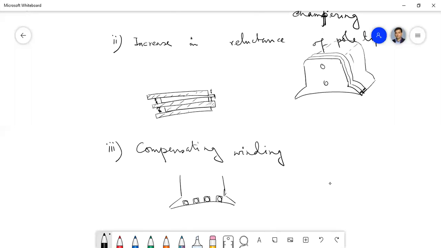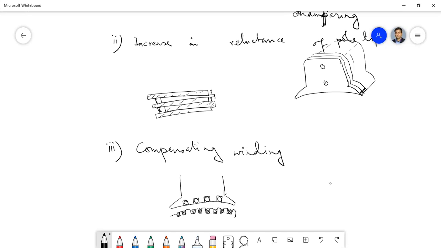Now here you have the armature surface like this, and in the armature suppose the conductors are like this, and suppose cross current is flowing in the armature, just under this particular pole shoe.